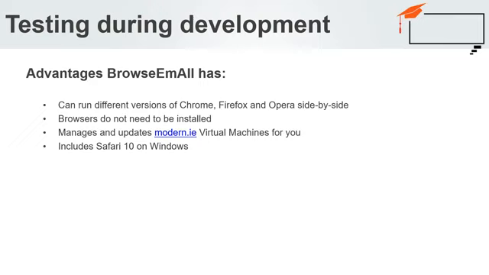So our tool BrowseEmAll has one of the advantages is that it can run more than one version of the different browsers. So if you install Google Chrome on your machine, you will always have the latest version because it auto-updates every time you open it. With BrowseEmAll, you can run more older versions of the browser as well if necessary. This holds true for Chrome, Firefox, and Opera.